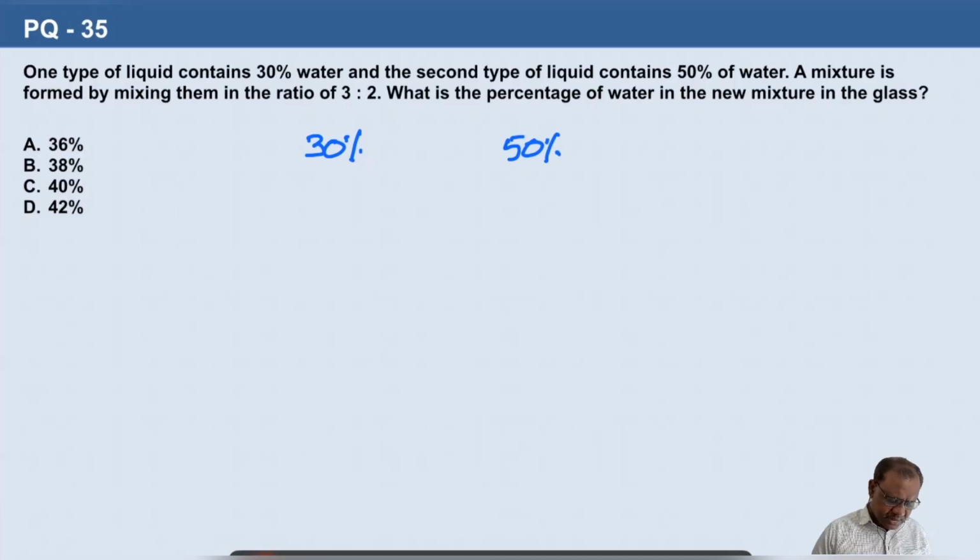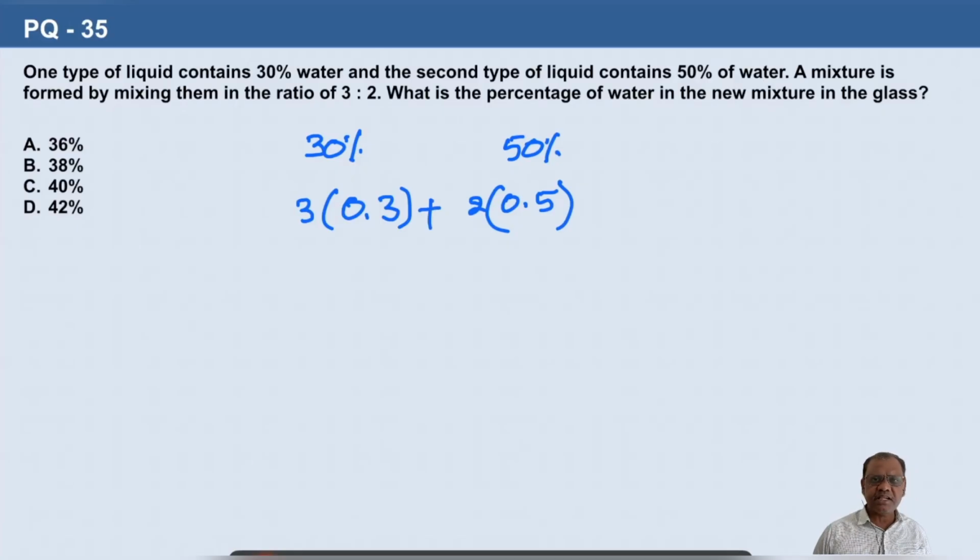So 30% is equivalent to 0.3 in decimals. 50% is equivalent to 0.5 in decimals. So we are mixing 3 parts of first liquid and 2 parts of second type of liquid.